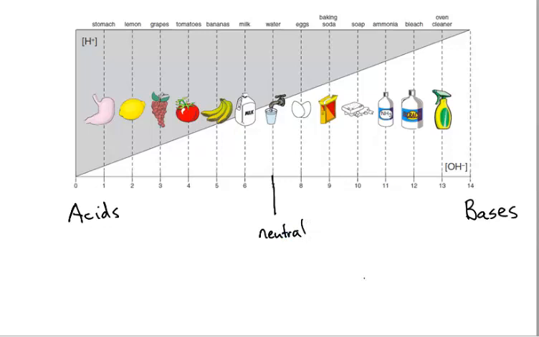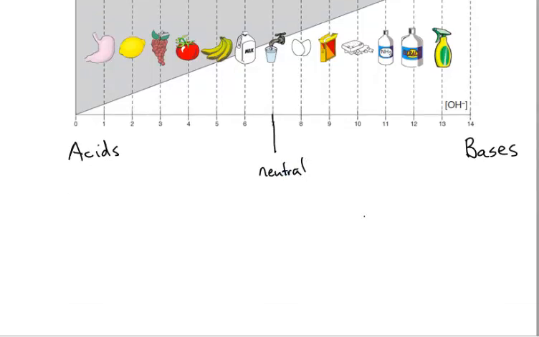Okay, and how the pH scale works, it's a bit of a trick. So a pH scale, simply, pH measures the concentration of H plus ions.